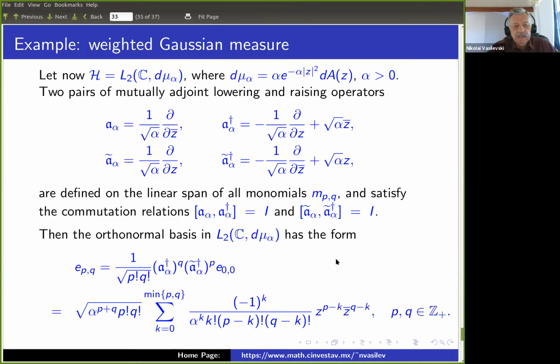Now the operators A dagger and A tilde dagger admit a very nice form in terms of differential operators. They obey the necessary commutation relation. This permits us to immediately recover an orthonormal basis in this weighted Gaussian measure space.